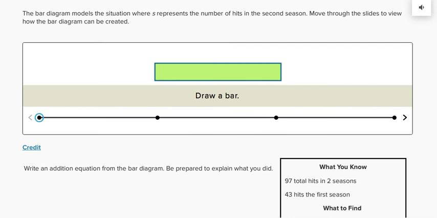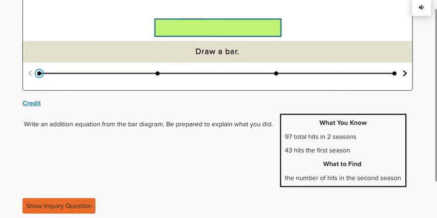We're gonna move through the slides to view how the bar diagram can be created. First, we drew a bar. Remember, we need to write an addition equation from the bar diagram.